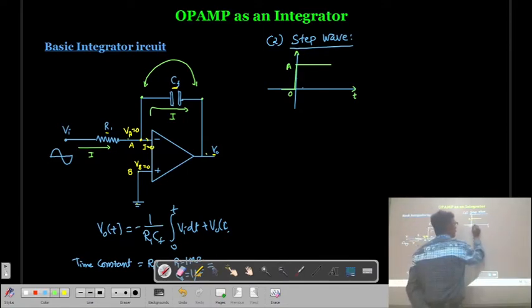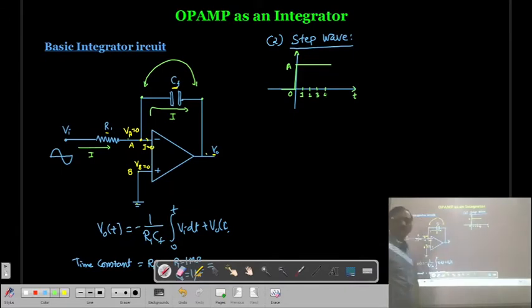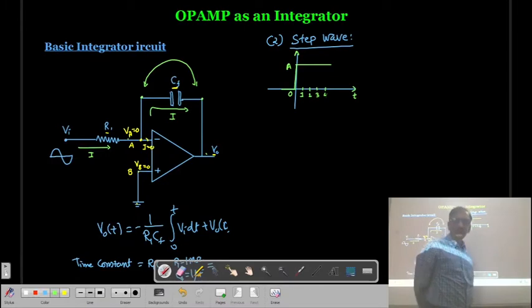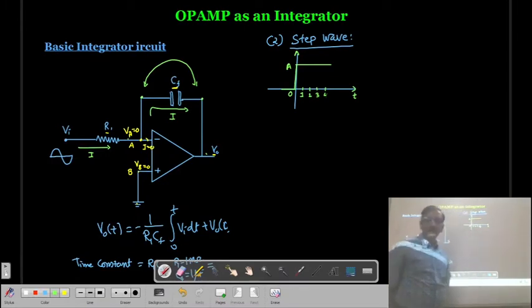So here you can have t equal to 1 second, 2 seconds, 3 seconds, 4 seconds. Here we want to see what will be the output voltage of the integrator circuit at different times. But to integrate the signal, you should know the mathematical form of this step wave.